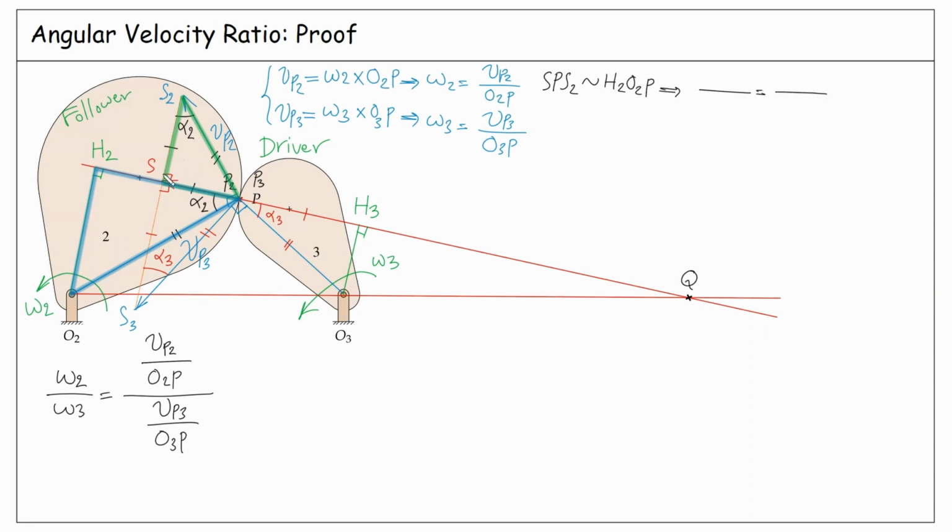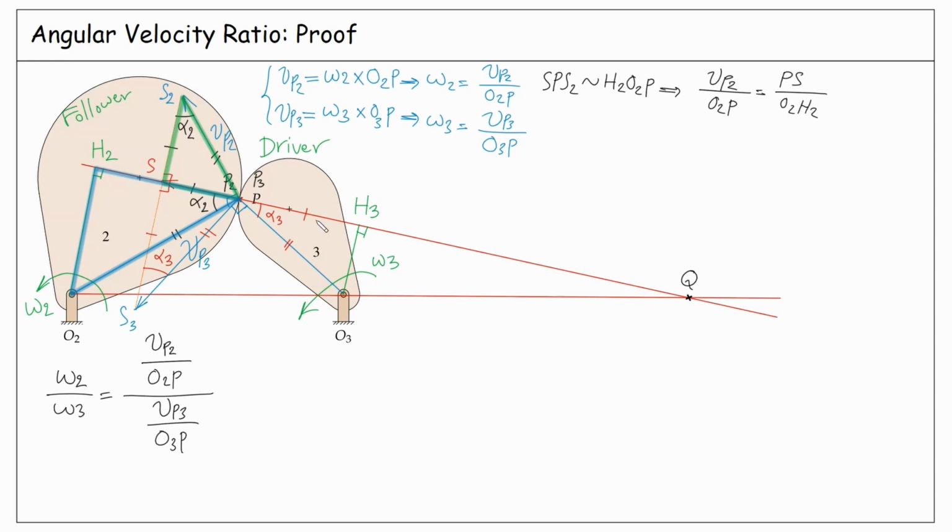In the triangle SPS2, opposite to the right angle, we have this side, which is velocity of P2. And opposite to the alpha 2 angle, we have this side, PS. Correspondingly, in the triangle H2O2P, opposite to the right angle, we have O2P. And opposite to the alpha 2 angle, we have this side, O2H2.